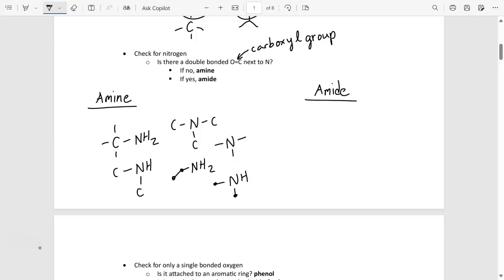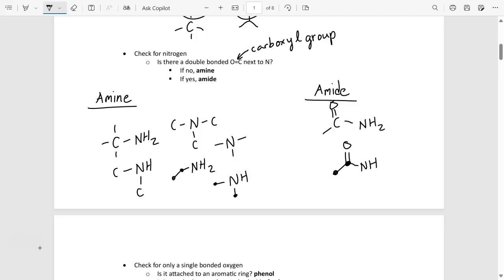Okay, now an amide, you would have to have the nitrogen directly bonded to a carbon that has a double bonded oxygen on it. Okay, so that's an amide. In a skeletal form, you would not see the carbon, but it is there.